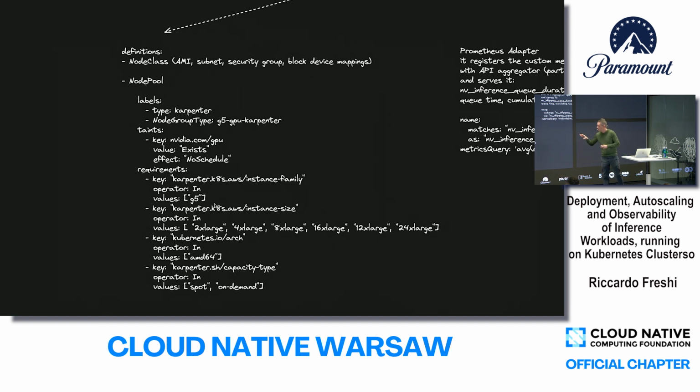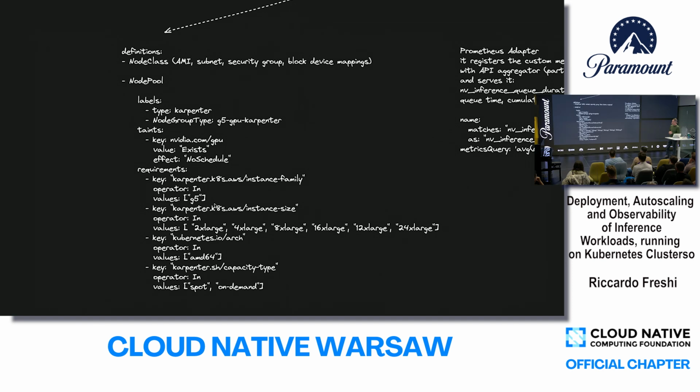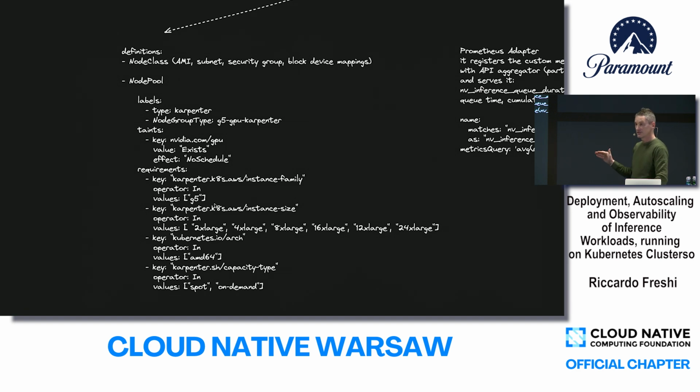The node pool is another object which includes the options that we want to request our cloud provider to produce. The options meaning a list of instance families and sizes. So, for example, we want to request GPU instances, and we want to request GPU instances smaller or larger.